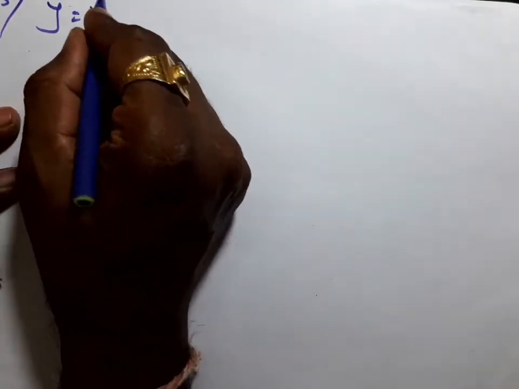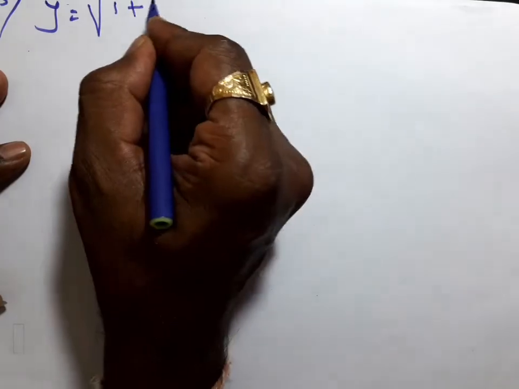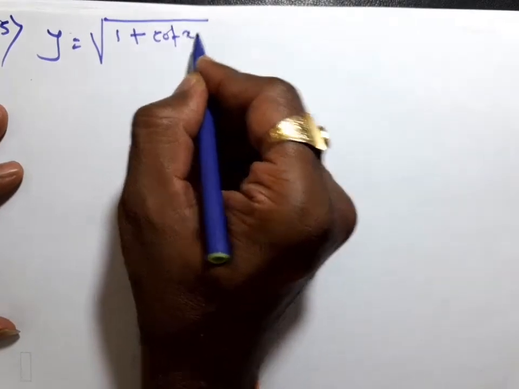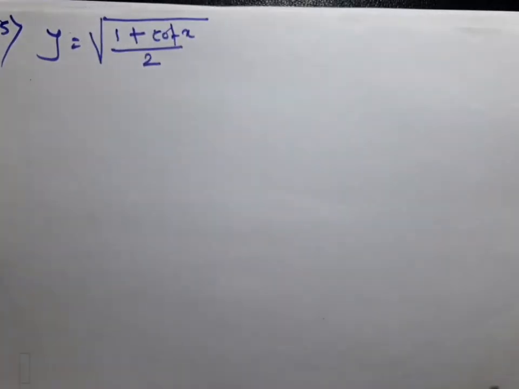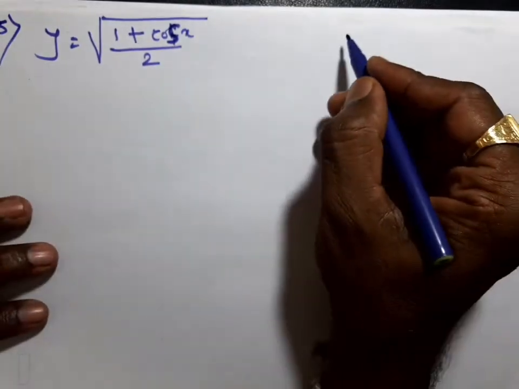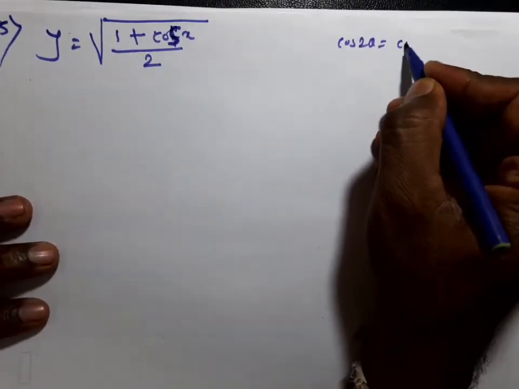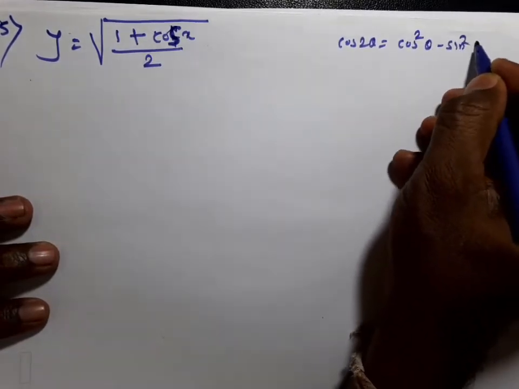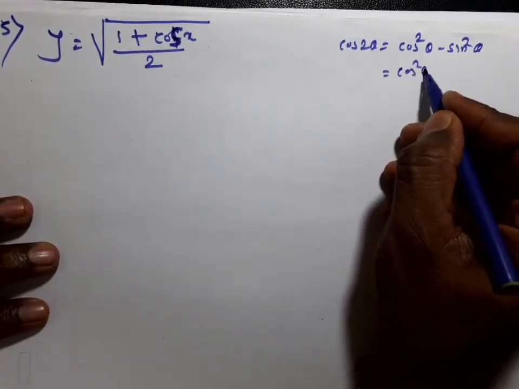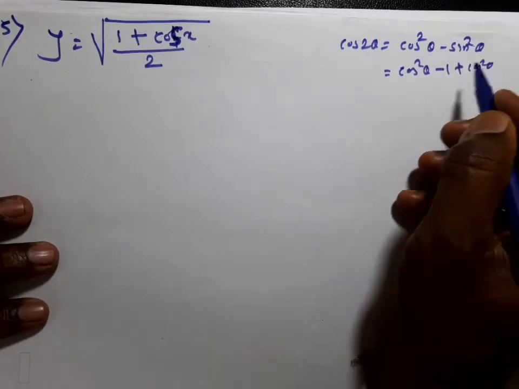Y is equal to cos inverse of under root of 1 plus cos x upon 2. If you know the trigonometric formulas, then this example will be simple. Otherwise, it will be difficult. You know that cos 2 theta is cos square theta minus sin square theta, which is cos square theta minus 1 plus cos square theta.